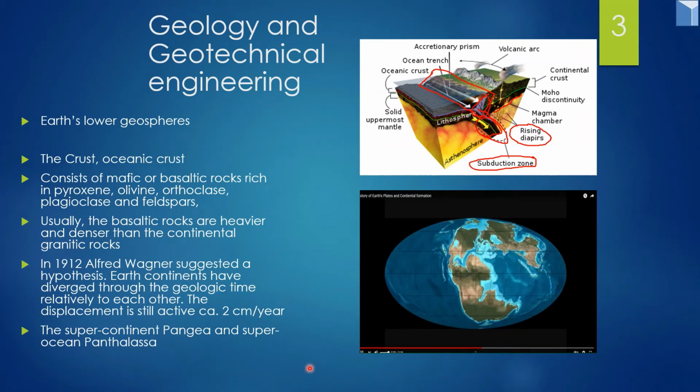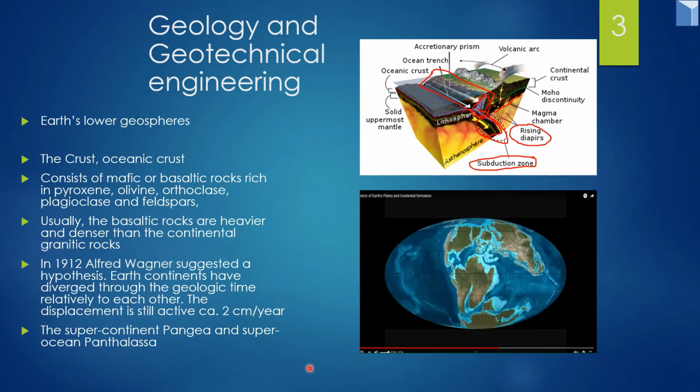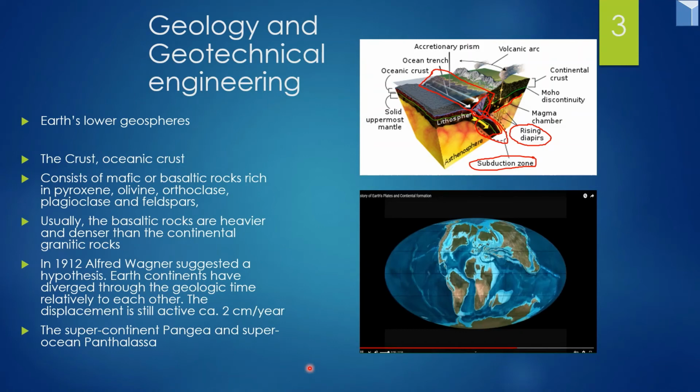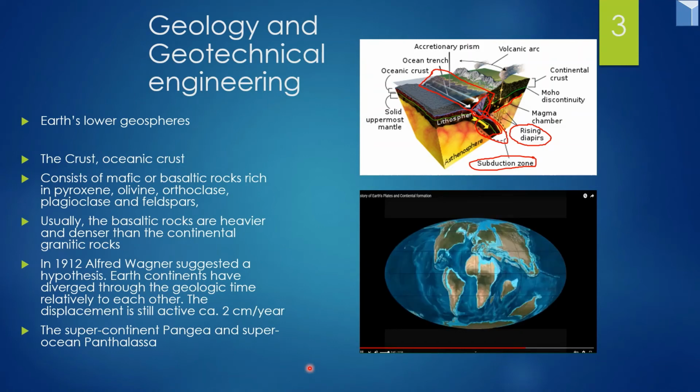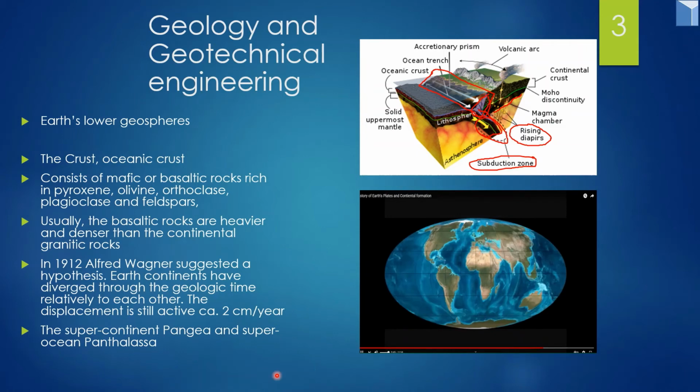This also gives the earth a geography and a phylogeography of the continents. And lastly, this is the shape where the continents are shown, and these are the continents of the earth according to Alfred Wegener.